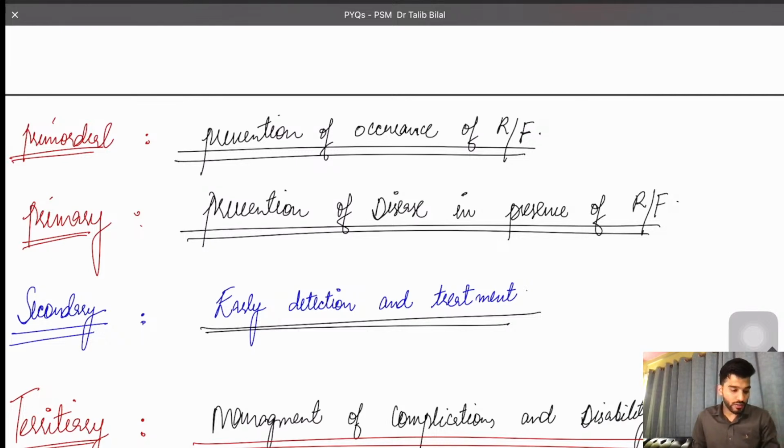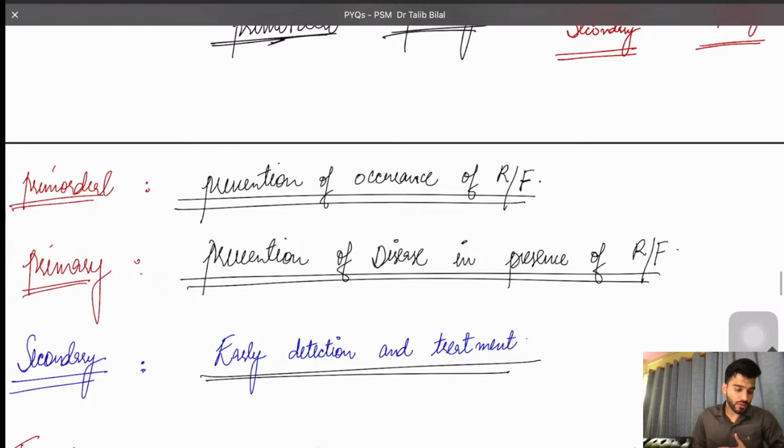Now my question to you, guys. A patient is HIV positive. For Pneumocystis jirovecii pneumonia, I'm using the prophylactic drug cotrimoxazole. Using cotrimoxazole is which level of prevention? I'm repeating the question. You know HIV positive patients are more prone to opportunistic infection depending upon the CD4 count.